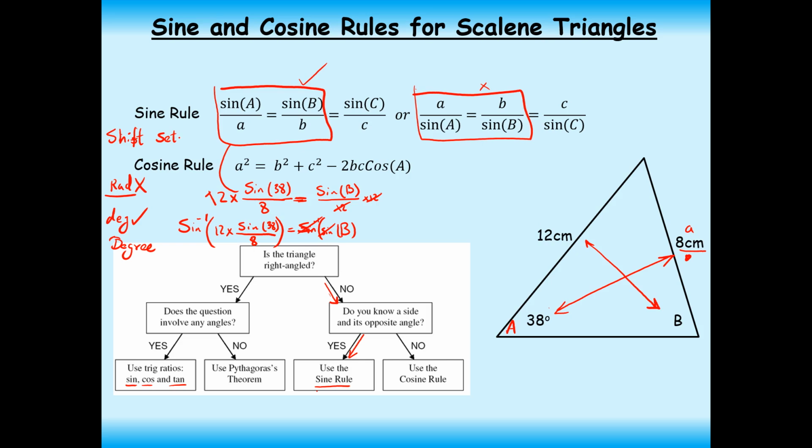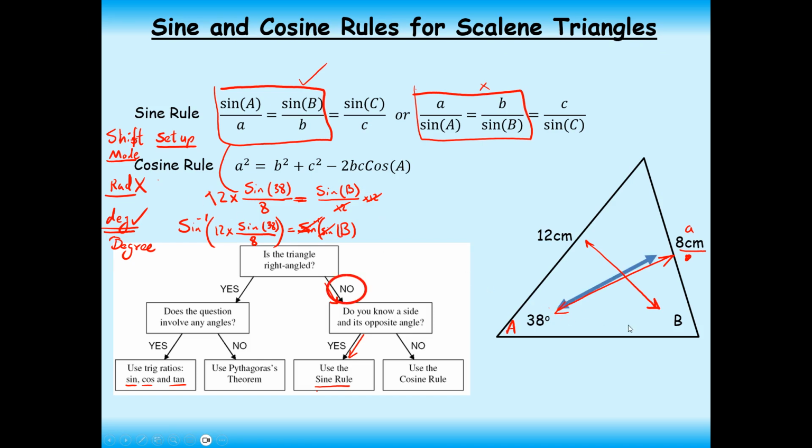When you press shift and setup, you find how to change angles to degrees. Each calculator is different, so I can't teach everybody the correct way, but look for the setup button or the mode button, look for trig, and change it to degrees. Then you put this in and this will give you the angle B.